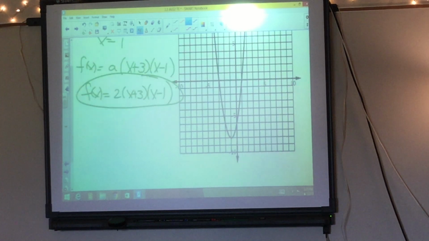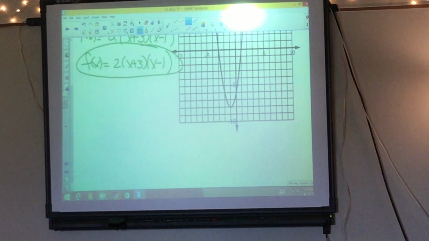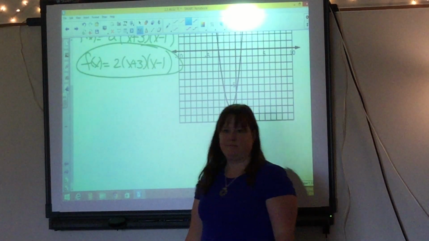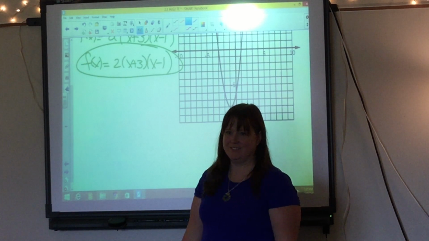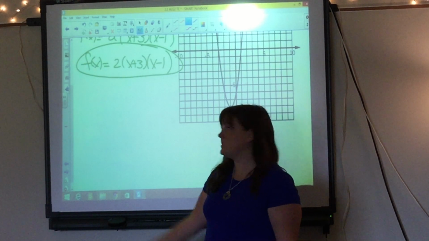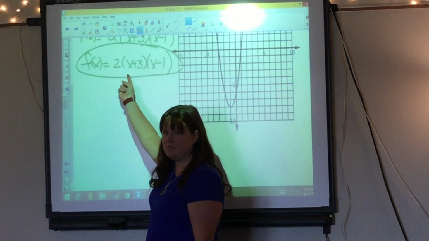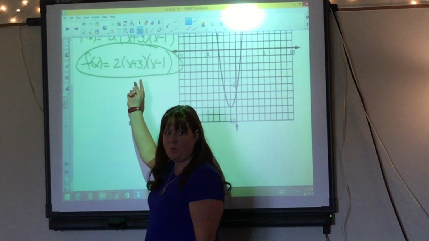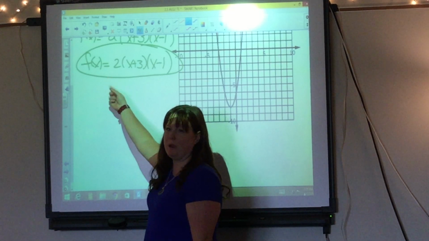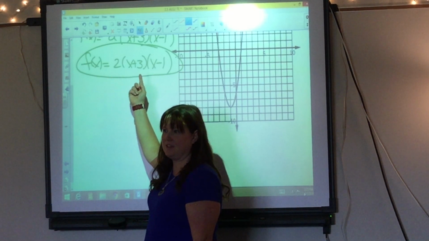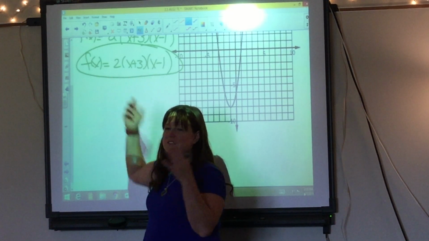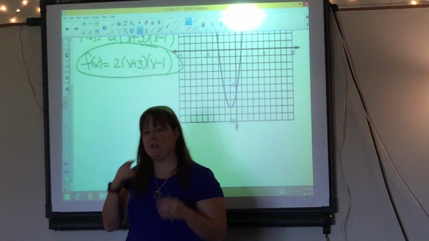And then are you gonna put it back in standard form? Yeah, let's do it in standard. You do the little box thingy. Yeah, so I multiply these two together. I could multiply the 2 into one of them and then multiply them together. The one thing you cannot do is multiply the 2 into both of them. Does that make sense? Because it's multiplication, so you only want to multiply once.